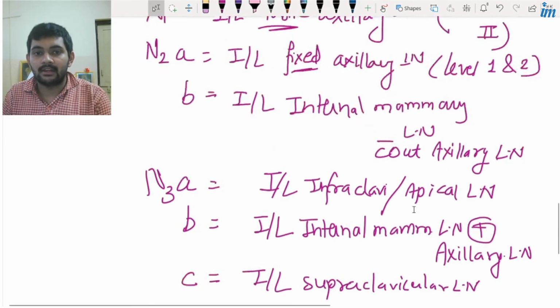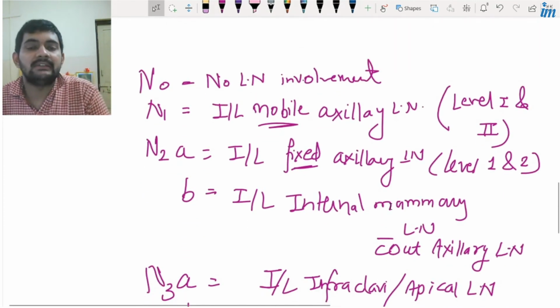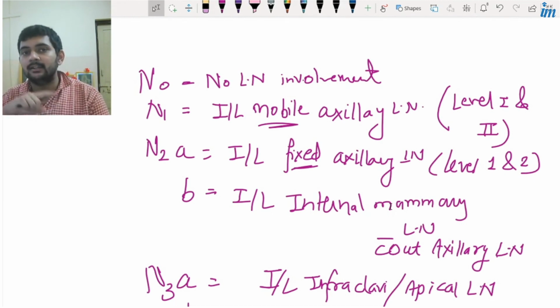So let me revise quickly. N0 will be no lymph node involvement. N1 will be same-sided axillary lymph nodes, but these are mobile. They can be moved by your fingers during palpation. N2A will be ipsilateral, that is same side, but now they have become fixed because of a greater amount of infiltration by malignant cells. N2B is, instead of going to the axilla, they have come to the internal mammary, but the axilla is not involved.